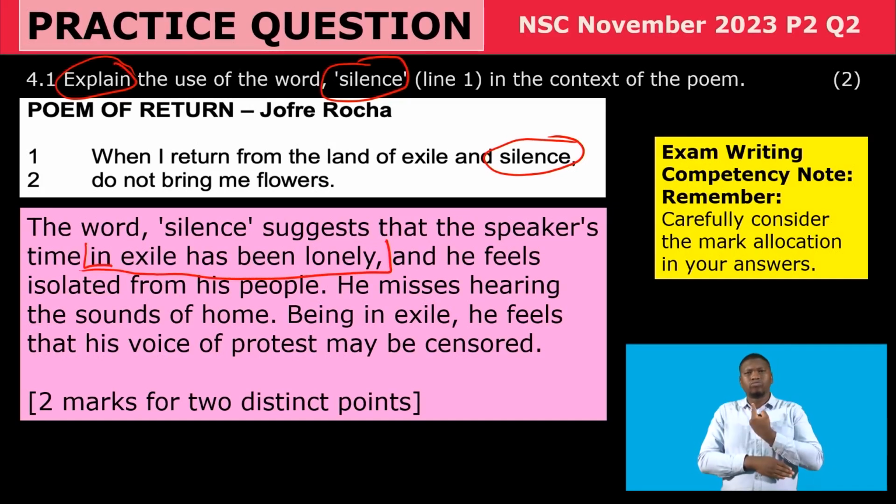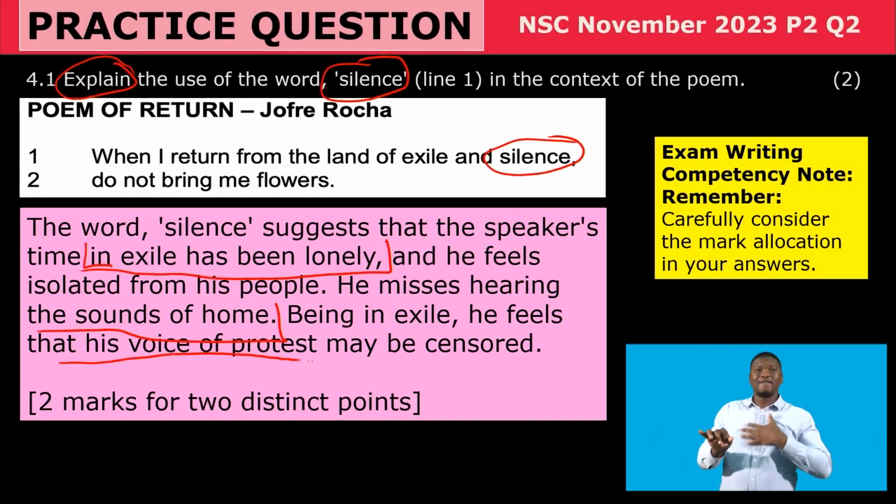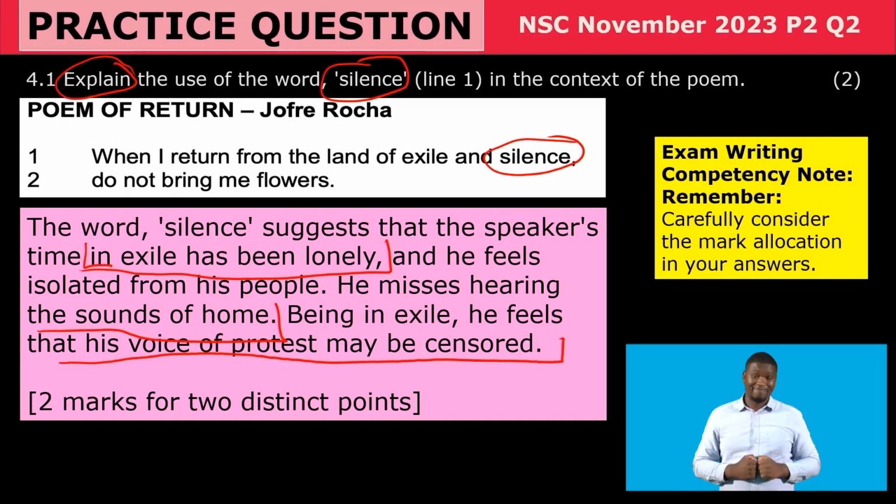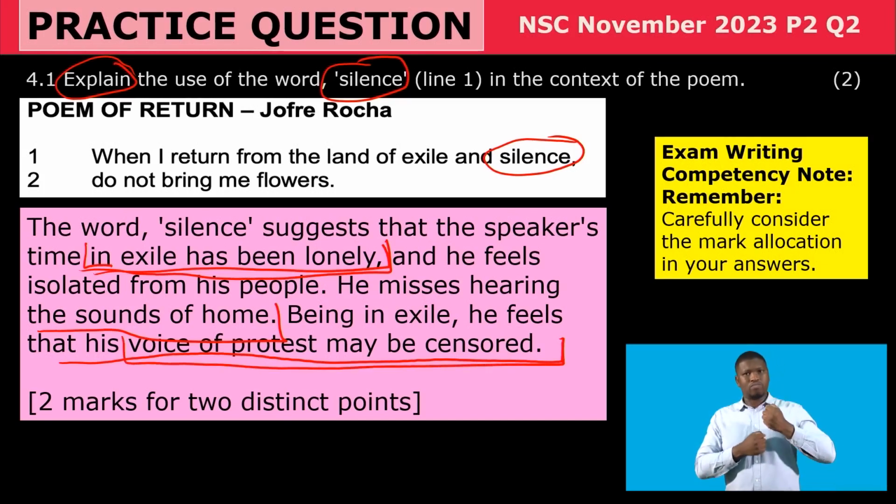Silence as in he had no one to speak to. He misses hearing the sounds of home. Being in exile, he feels that his voice of protest may be censored. So it refers to two aspects here. Firstly, that he has experienced loneliness or isolation in exile. And secondly, that he fears that his voice of protest is going to be censored. Two marks for two distinct points.